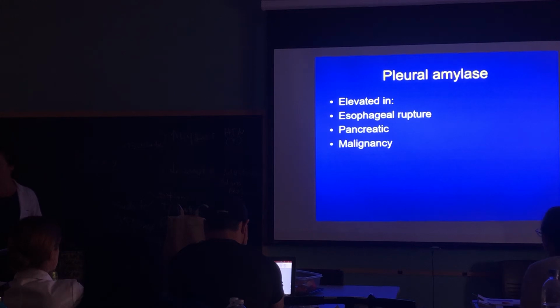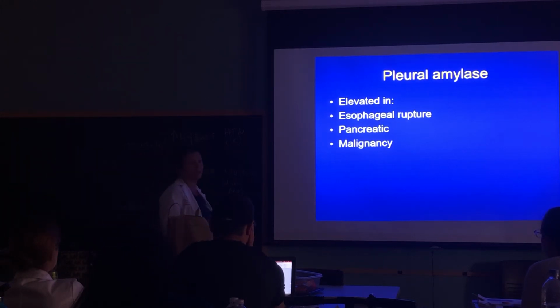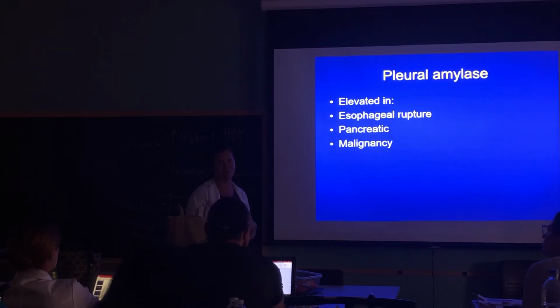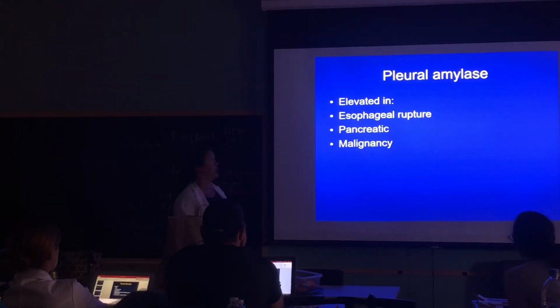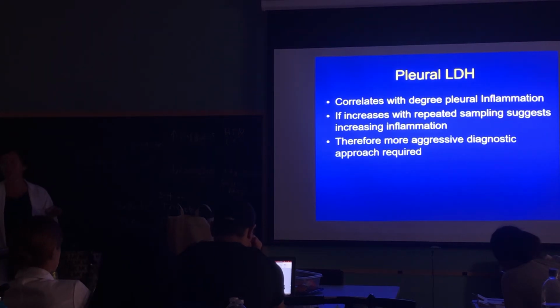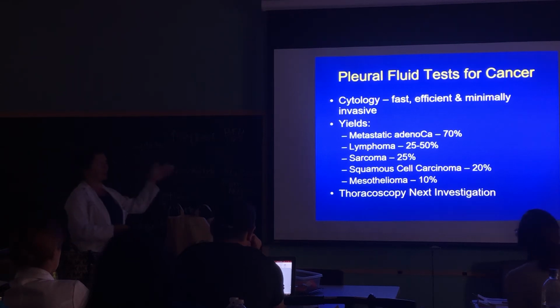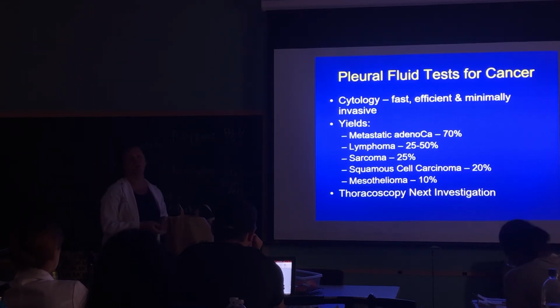Okay. All right. Amylase, as you know, is present at the level of the entire GI tract, and not only at the level of the pancreas. So if you have esophageal cancer or rupture, or if you have liver problems or pancreatic problems, can give you high amylase. So you can measure a lot of stuff there. We talked about LDH, and you can even do tumor markers in pleural fluid.